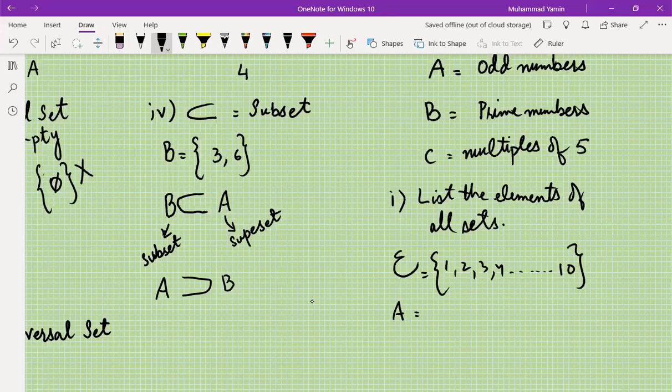Then A, odd numbers. We said that all the other sets should be the part of, or the subset of, the universal set. So it should be all the odd numbers which are included here in the universal set. No element will be outside that. So it will be 1, 3, 5, 7, and 9.